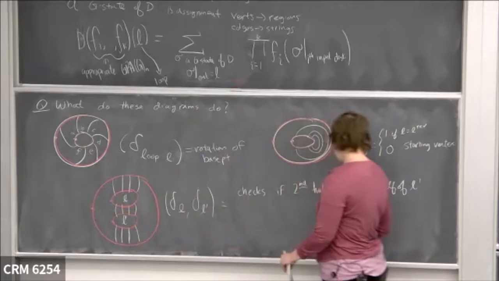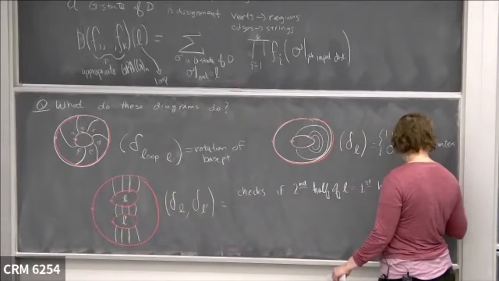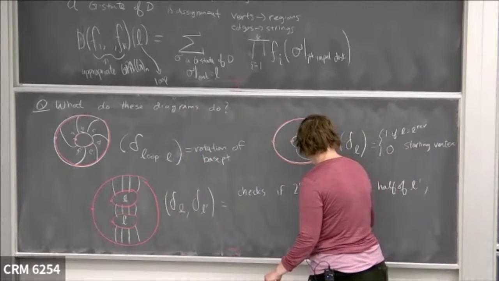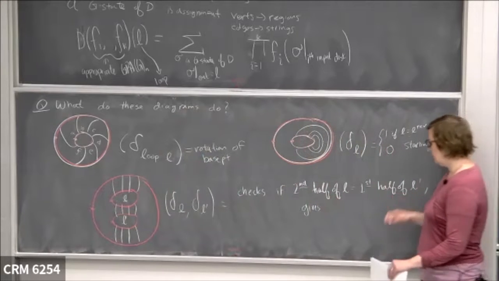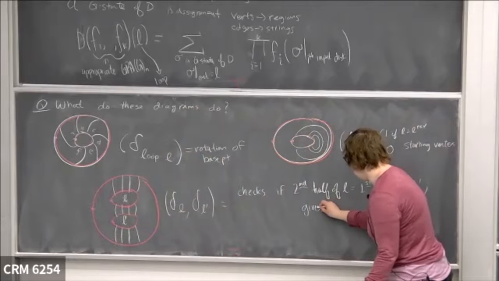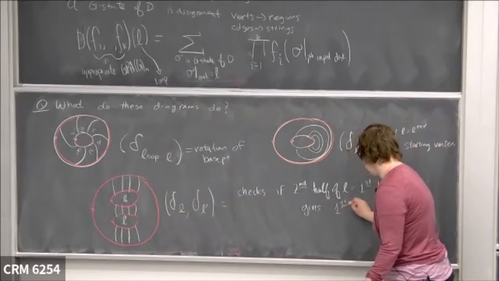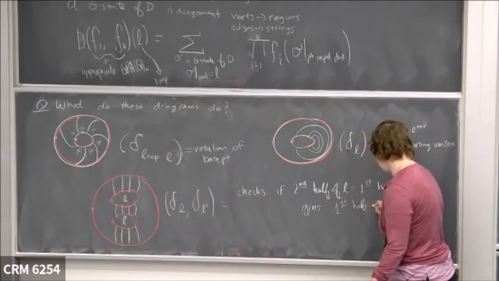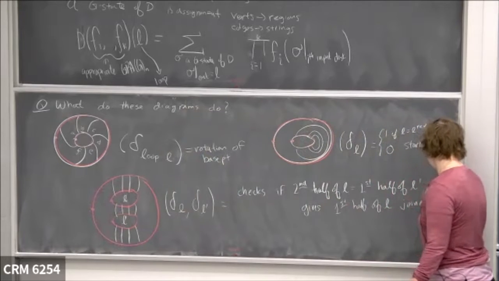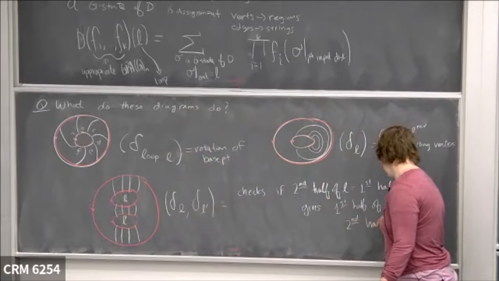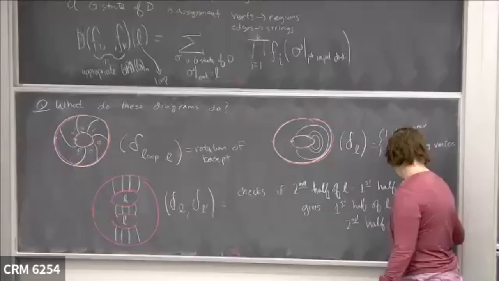And then if they are, it gives you the sort of contracted concatenation, right? The output is the first half of L joined to the second half of L prime.